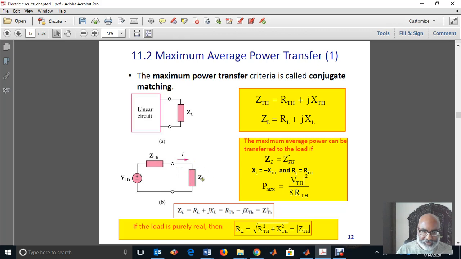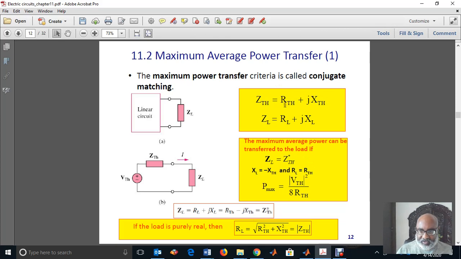Then what is the relation between the load and Z Thevenin? For the load to absorb the maximum power, ZL, which is equal to RL plus JXL, is equal to Z Thevenin conjugate, where Z Thevenin is R Thevenin plus JX Thevenin.